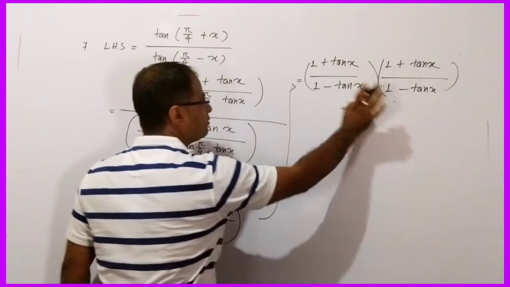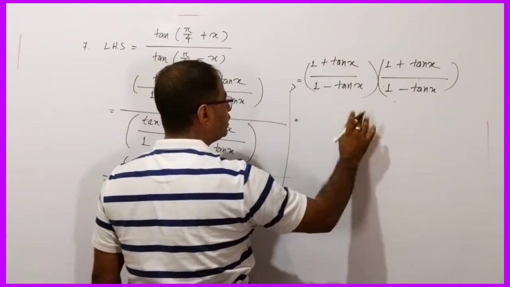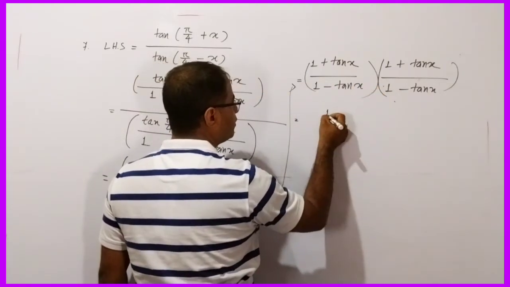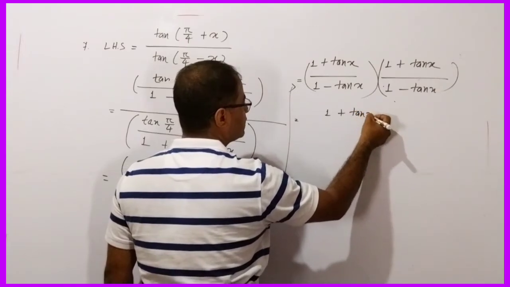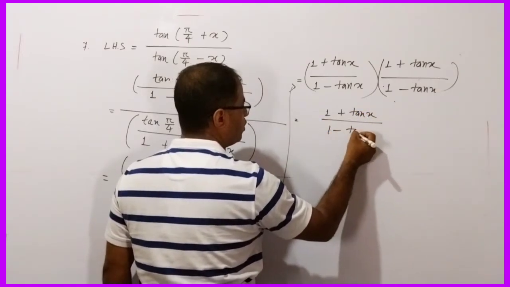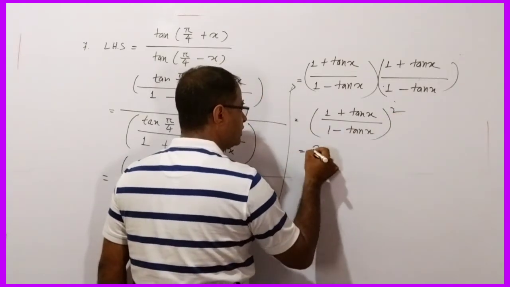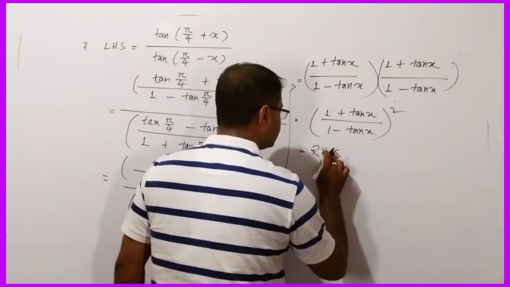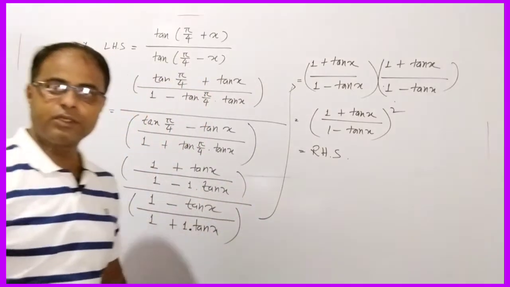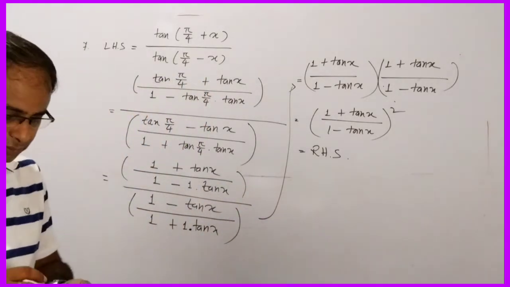Okay, the same thing occurs 2 times. That means 1 plus tan x divided by 1 minus tan x whole square, which is the right hand side.